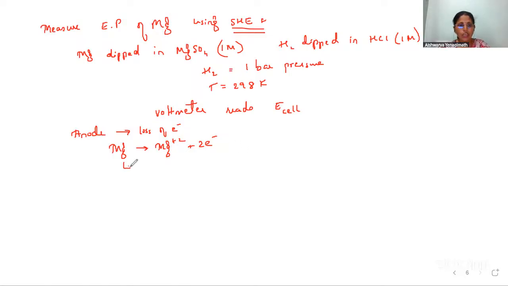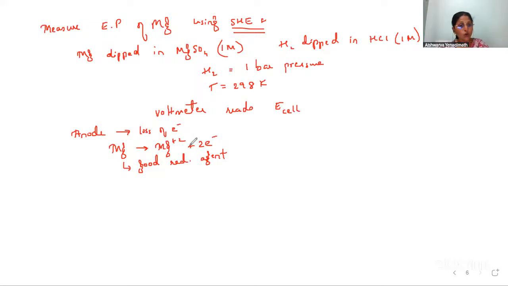Therefore, magnesium is a good reducing agent. Why a good reducing agent? Because it helps in reduction, helps the other gain electrons by giving electrons. So it helps in reduction while itself getting oxidized. Getting my point?